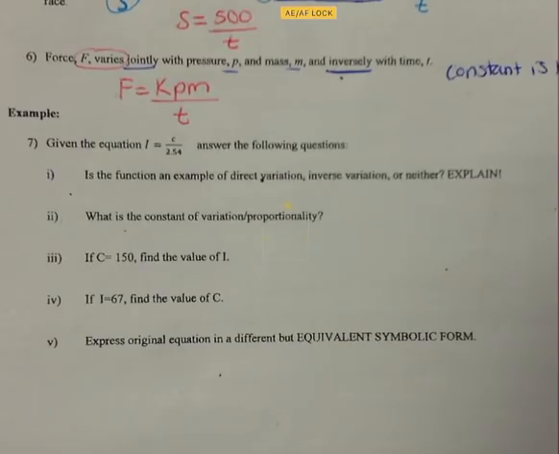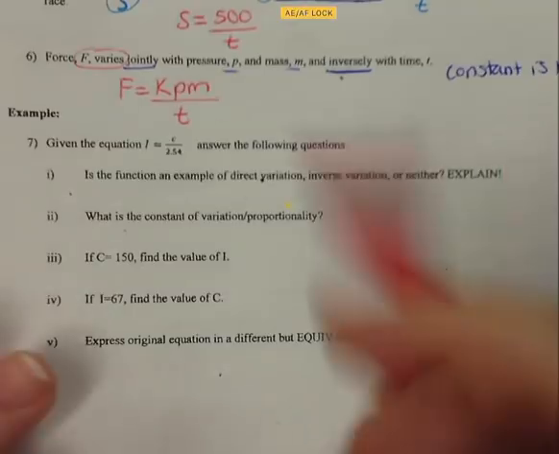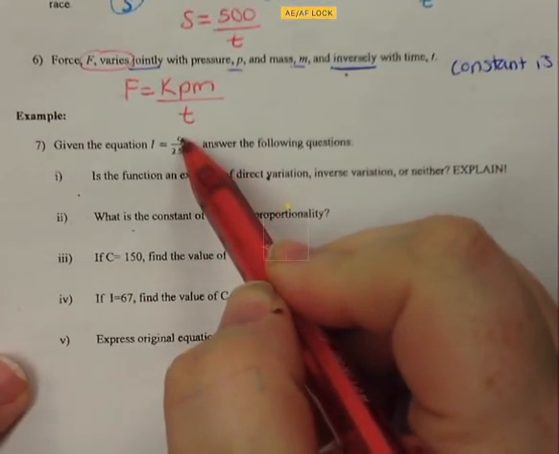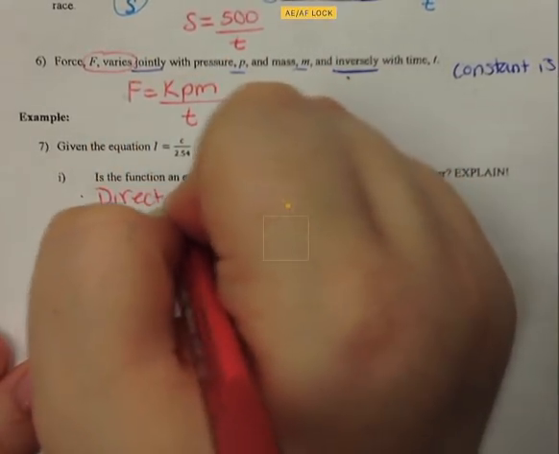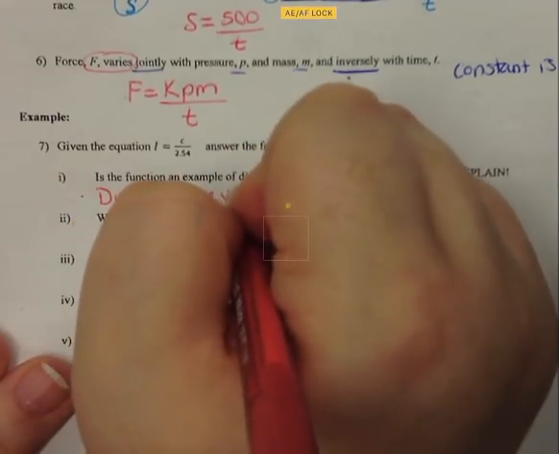So as the inches increase, the centimeters will also increase. So that's the direct variation anyway. But because the variable is on top, it's going to be a direct variation. So it's direct variation, and one reason is the variable is on top.